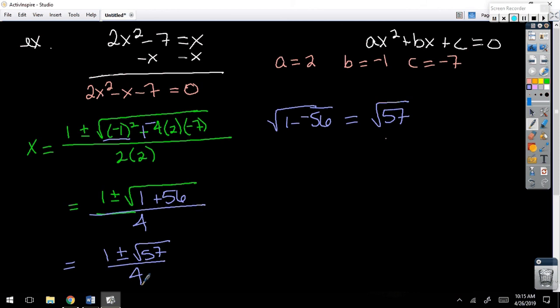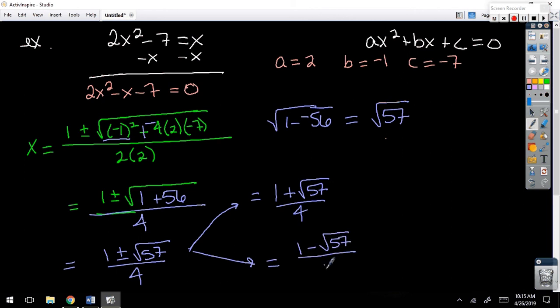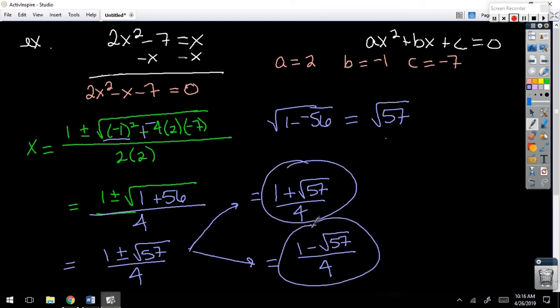So we'll do 1 plus the square root of 57 over 4, and 1 minus the square root of 57 over 4. Since we can't reduce 57 anymore, we just leave it here. We're done.